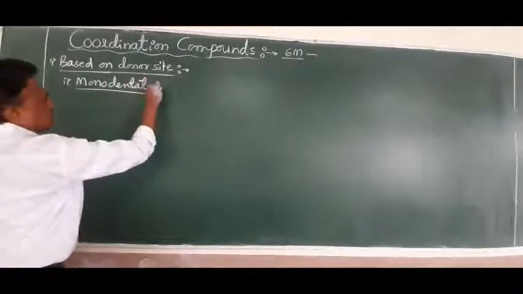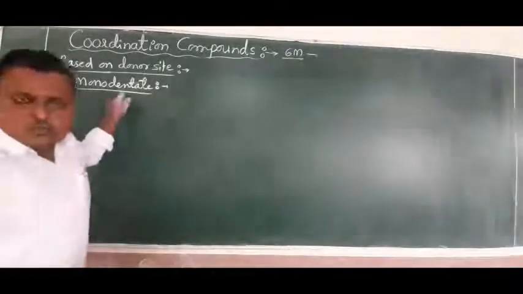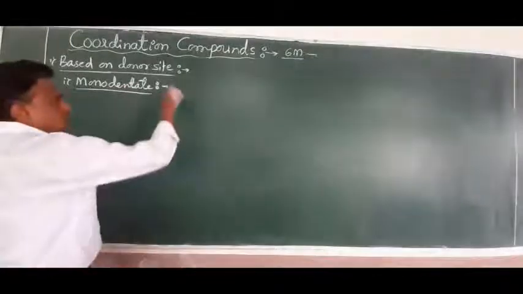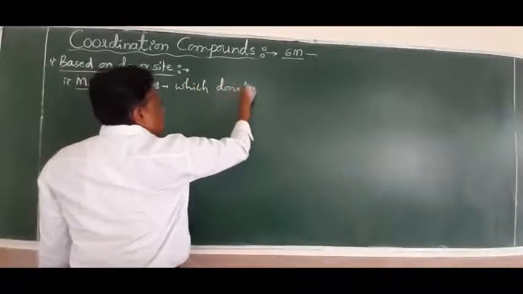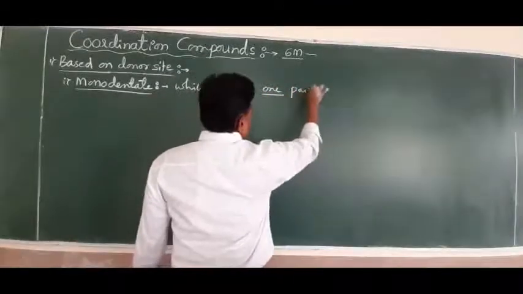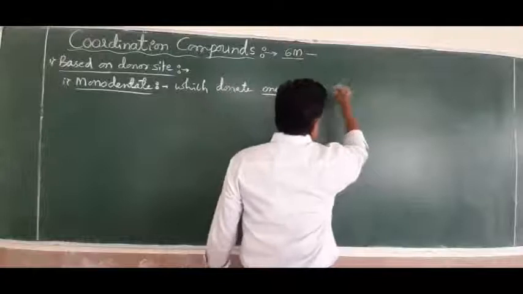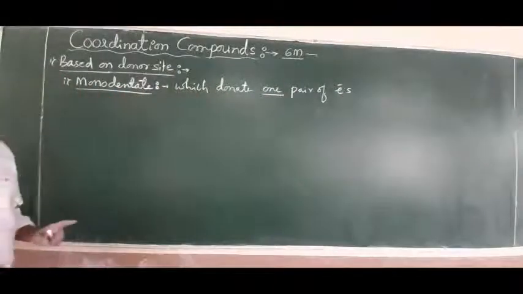I have told you, what are monodentate ligands? Monodentate ligands are the ligands which donate one, very important, one pair of electrons to the central metal.